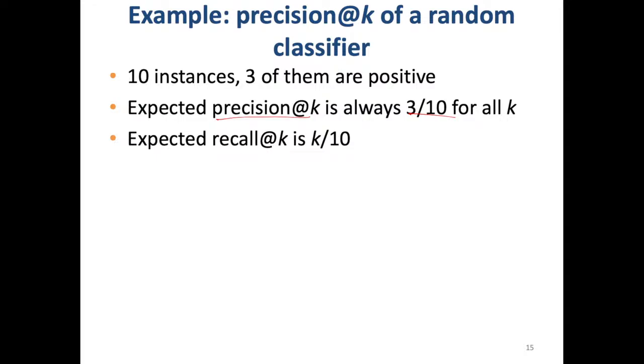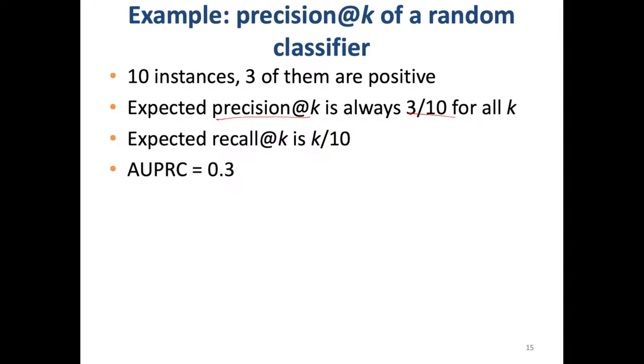So if I'm just randomly guessing, and I claim the first one as positive, then the expected recall would be 1 divided by 10. If I move the threshold a little bit lower, I claim the top 2 as positive, then the recall is 2 divided by 10, and so on, right? I'm talking about the expected value.